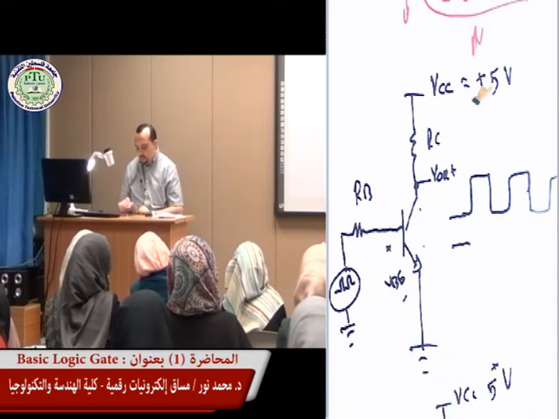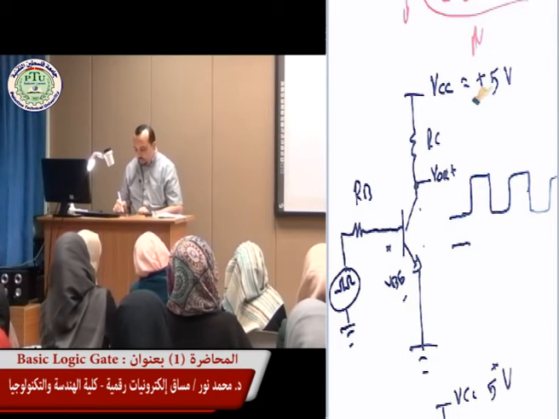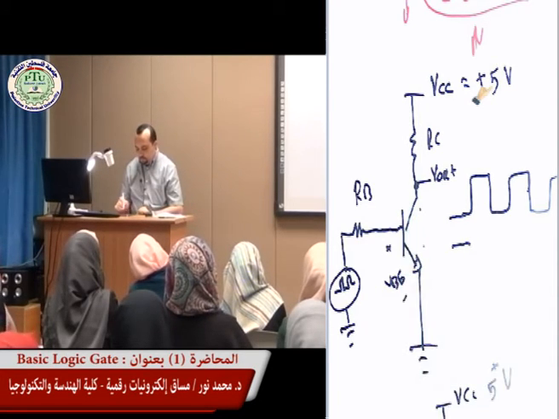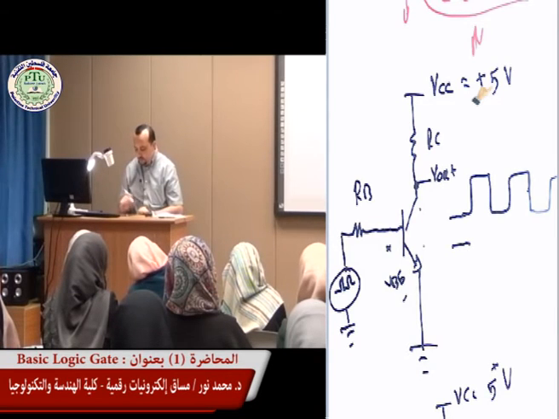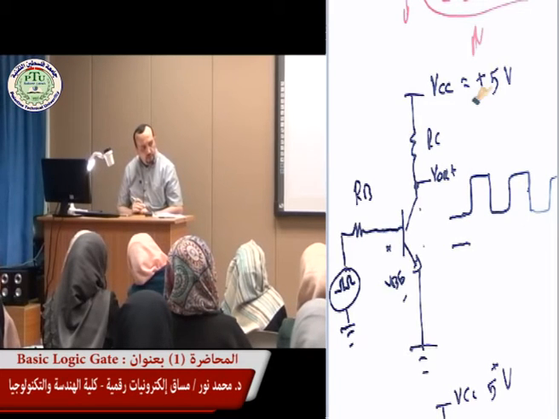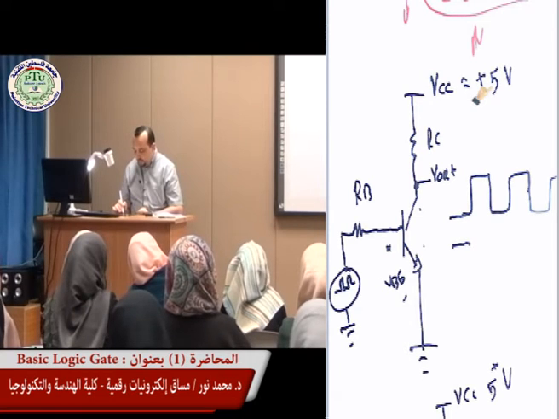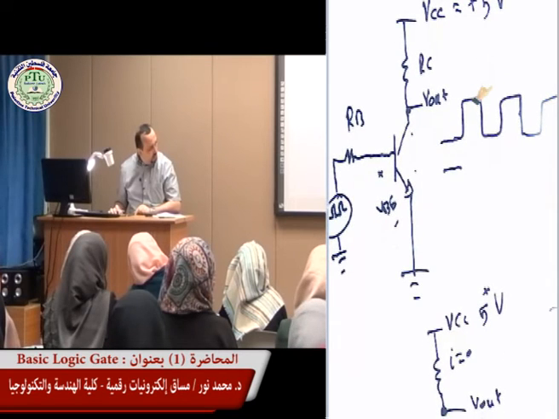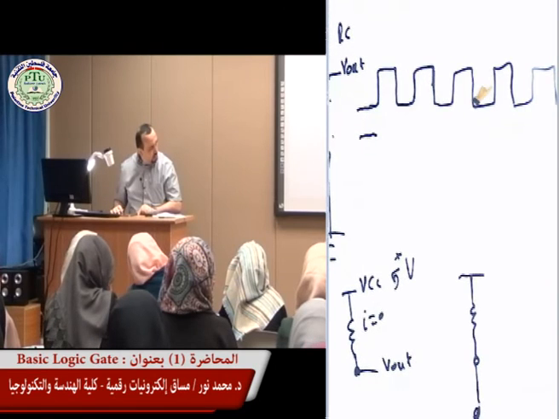But let's see what happens once we have high voltage. That's the VCC, that's R. Across the collector-emitter, this point and this point, they are now connected, they are shorted, and this is connected to ground.